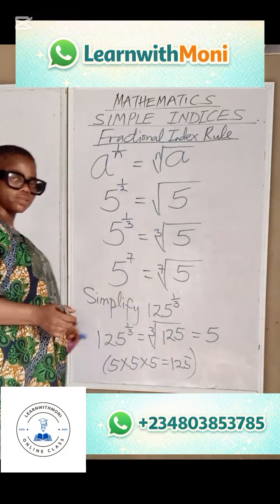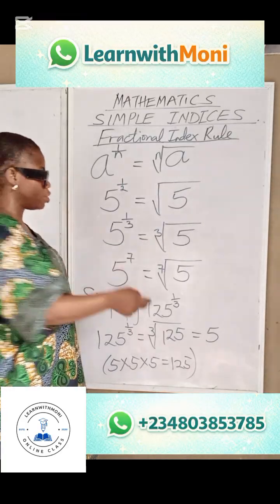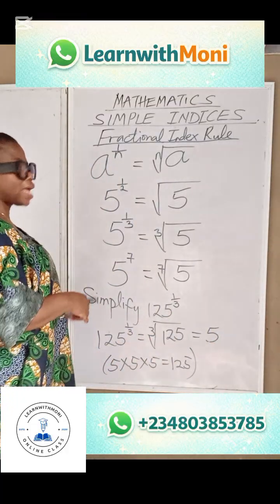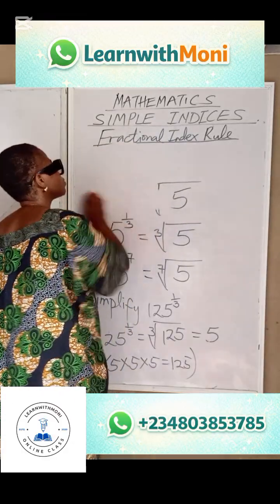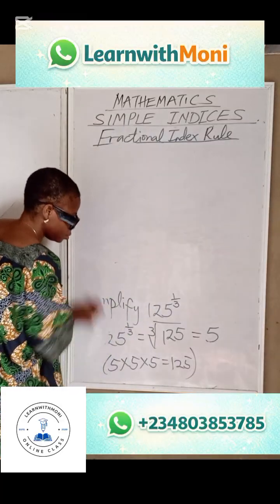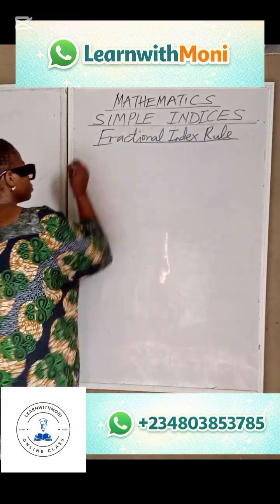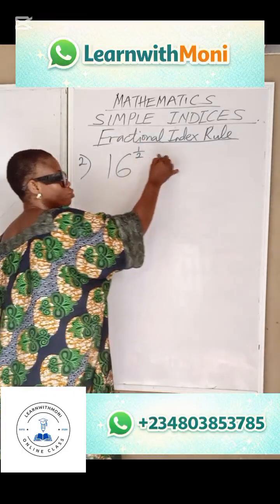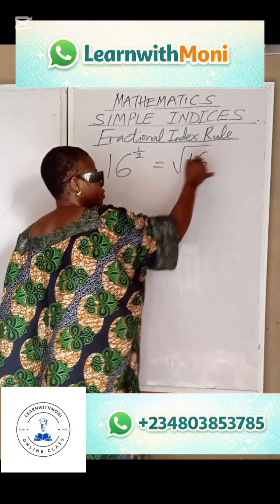So cube root of 125 means the number which when multiplied by itself 3 times will give 125, and that is equals to 5. Let's take another example under this fractional law of indices. Let us take 16 raised power 1 over 2. 16 raised power 1 over 2 means square root of 16.